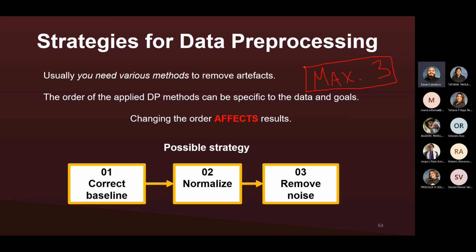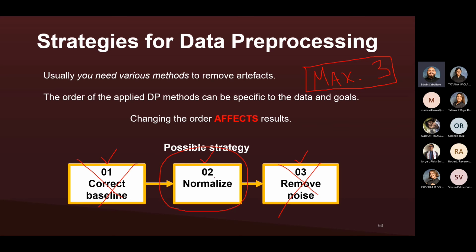The common order and the common data pre-processing methods that people use is they correct baseline, they normalize, and then they remove noise. However, I do not like to correct baseline and I do not like to remove noise. So I typically normalize and call it a day.